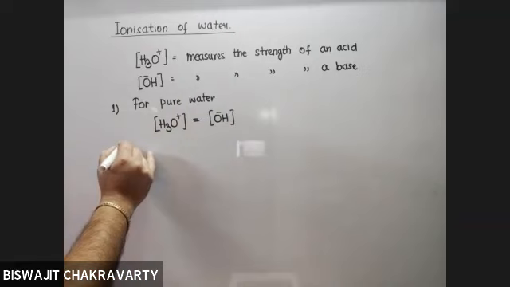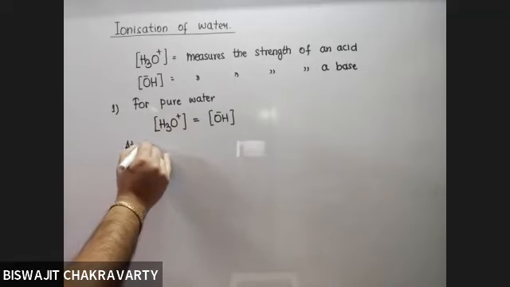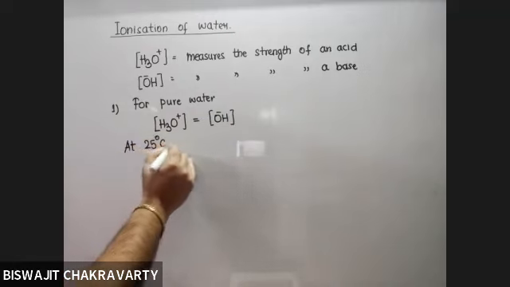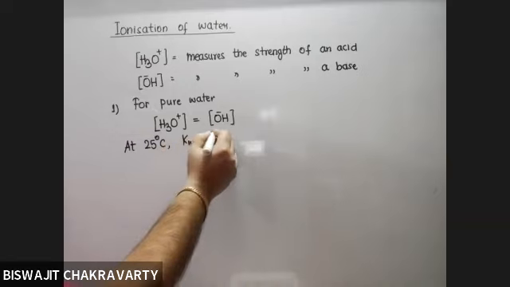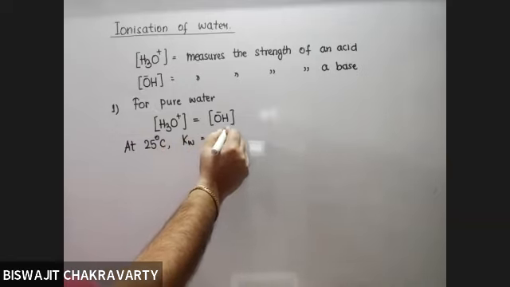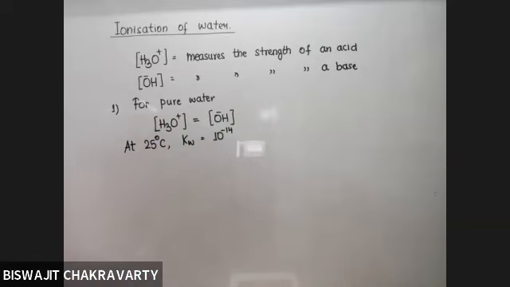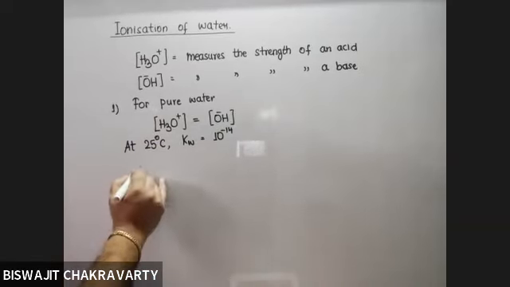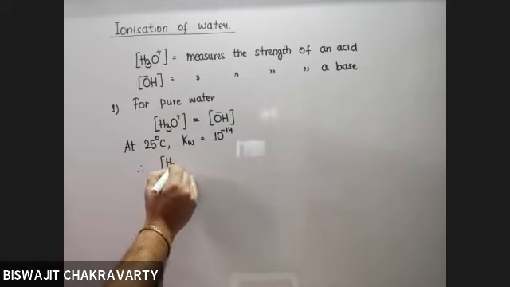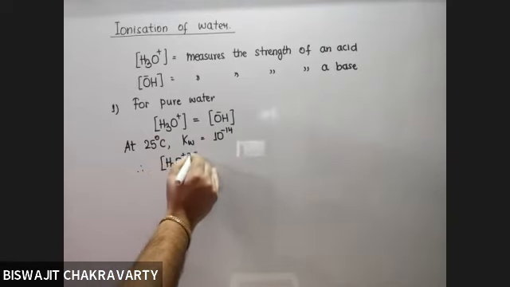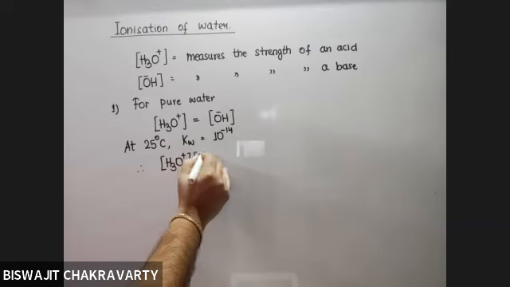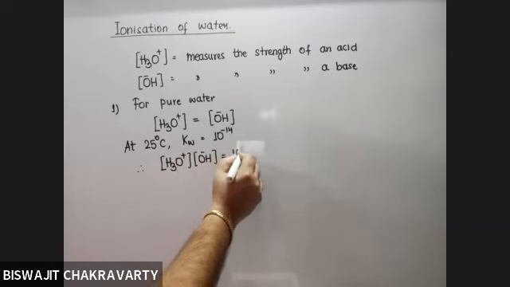Now since at 25 degrees Celsius, Kw is 1 into 10 to the power minus 14, we can write H3O plus into OH minus is equal to 10 to the power minus 14.